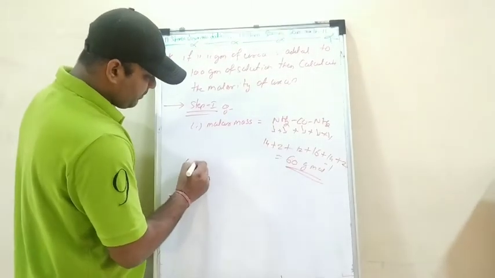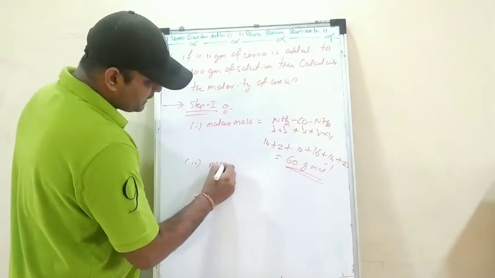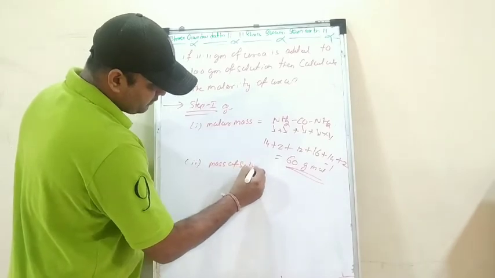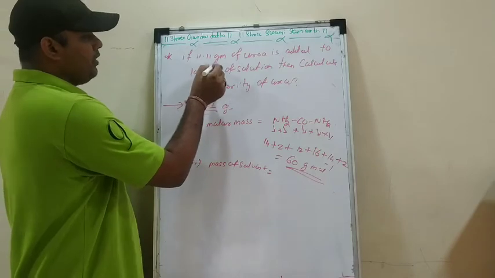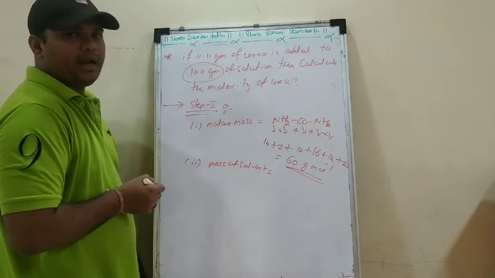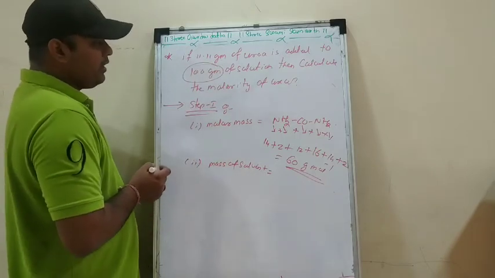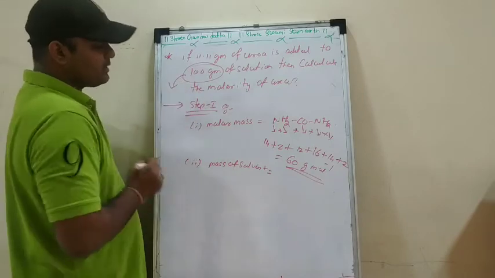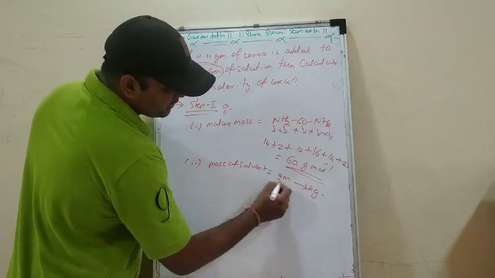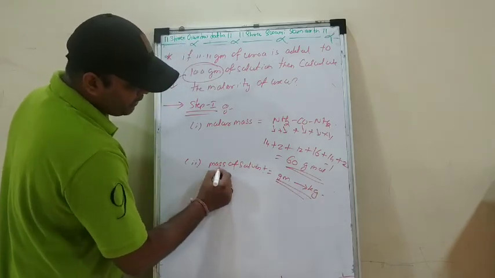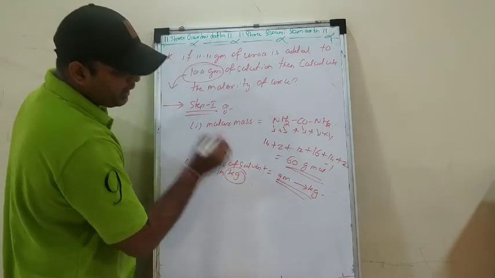Okay, now second step, mass of a solvent. Now what is the mass of a solvent given? It is the 100 gram, right? It is the 100 gram. But we need to convert this 100 gram into kg. See, what is our mass of a solvent in kilogram, right?